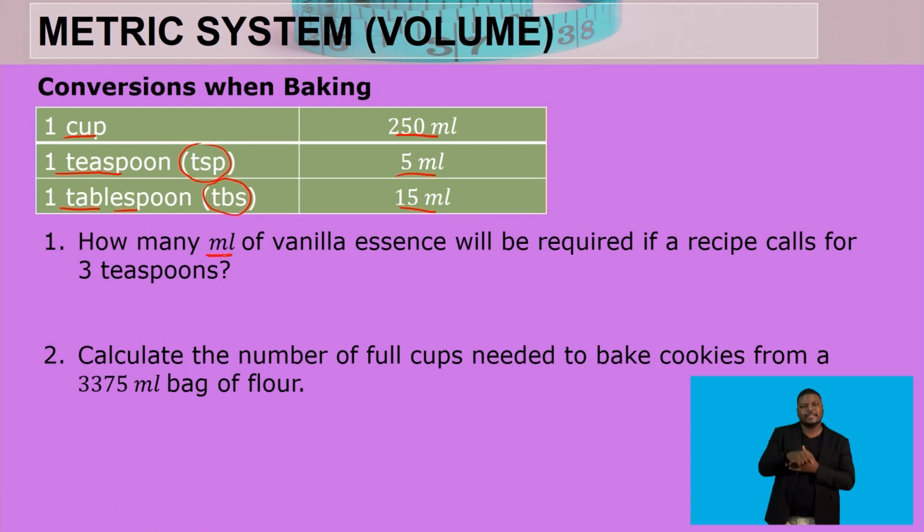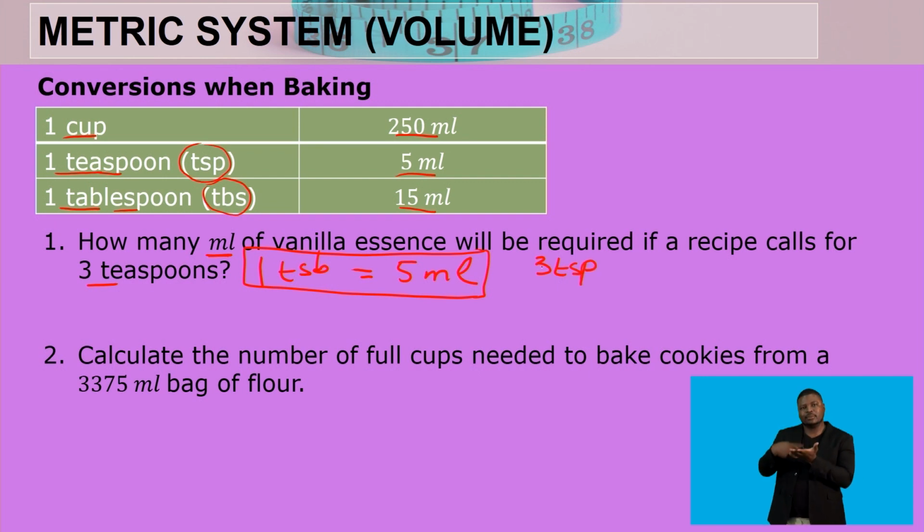How many milliliters of vanilla essence will be required if a recipe calls for 3 teaspoons? The recipe says to us 1 teaspoon is equal to 5 milliliters. Now this is our conversion factor. If we now require 3 teaspoons, normally you divide this by the same unit. So we'll divide it by 1 teaspoon. Sorry, I wrote B there, it should be a P. For every single teaspoon there are 5 milliliters.